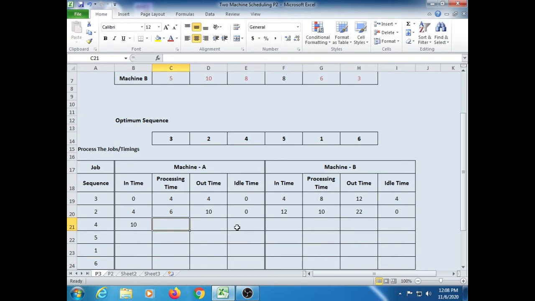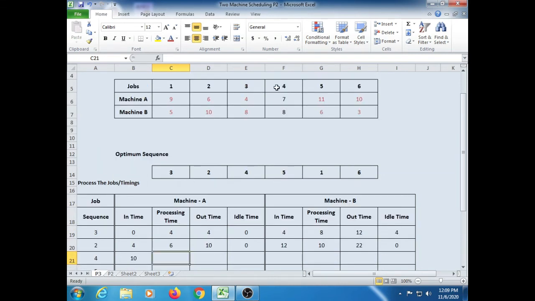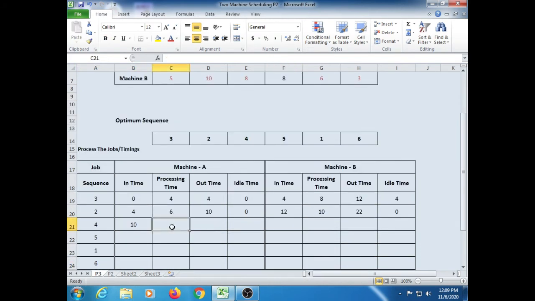Okay, then what is the 4th job processing time related to machine A? So here we are processing the 4th job. The processing time for machine A, that is 7. So here 7 we have to take, and how will we get the out time? So here 10, that is in time plus processing time, we will get the out time. So that is 17.